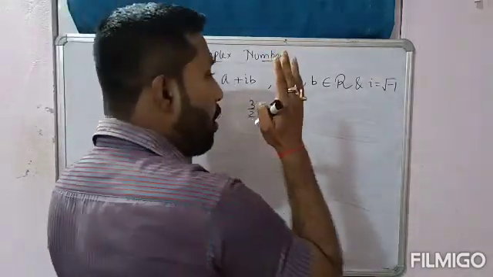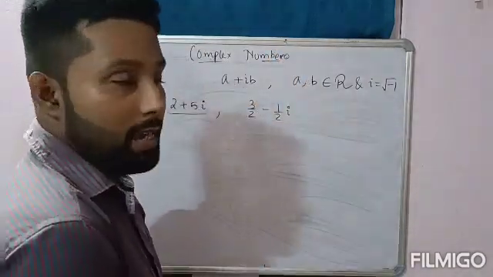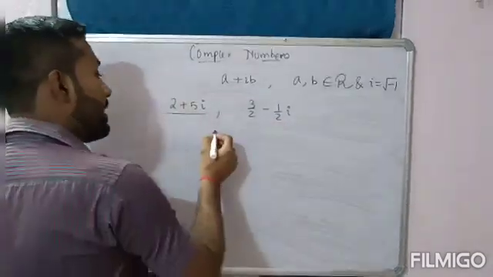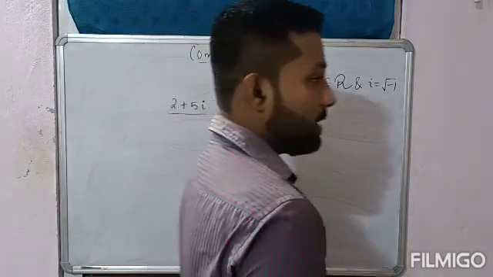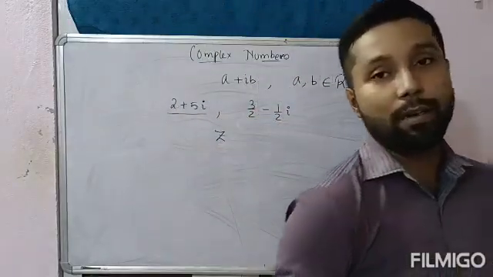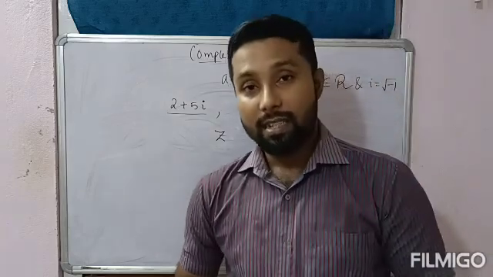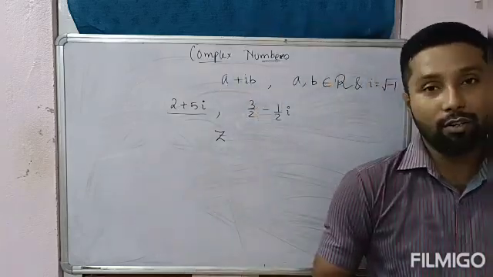The set of all complex numbers are denoted by Z or C. Or you can write Z also.